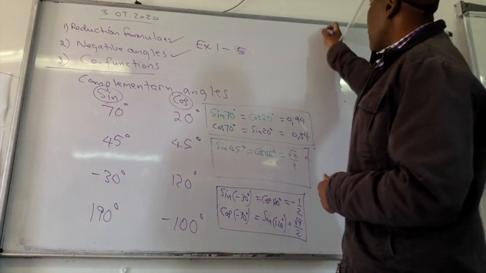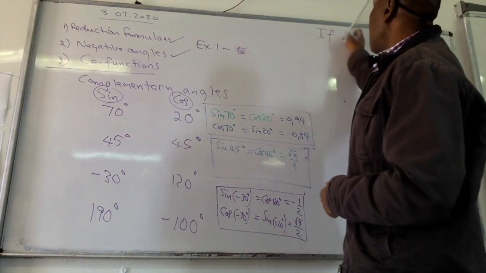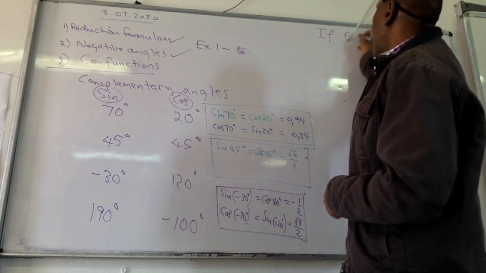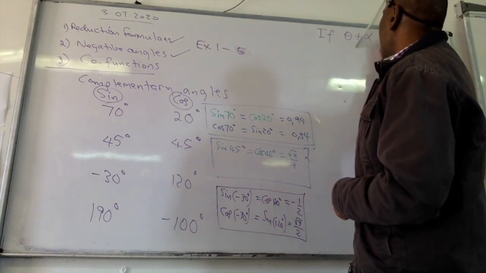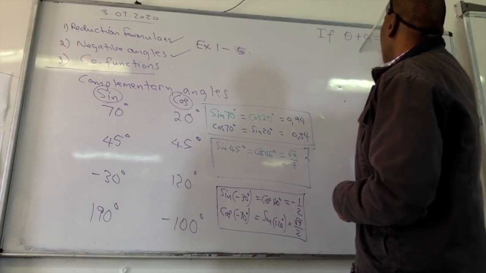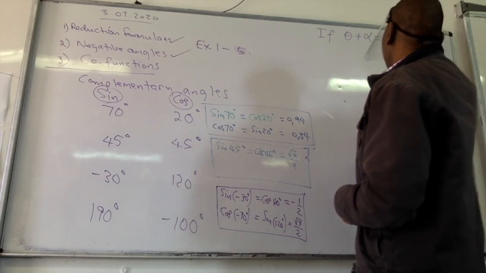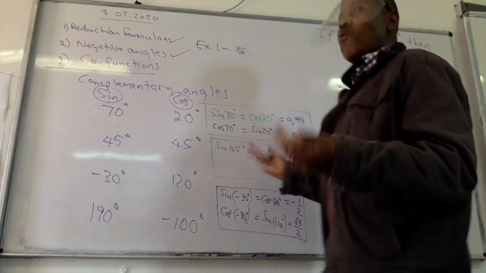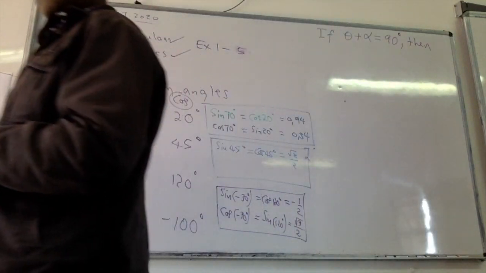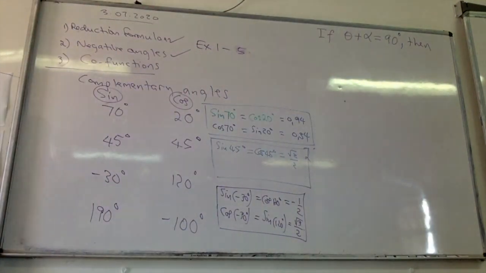You can write anything really, like you could say if theta plus alpha is equal to 90 degrees, then what? Because we're talking about two angles that add up to 90, right? So if theta plus alpha is equal to 90 degrees, then what can we conclude?